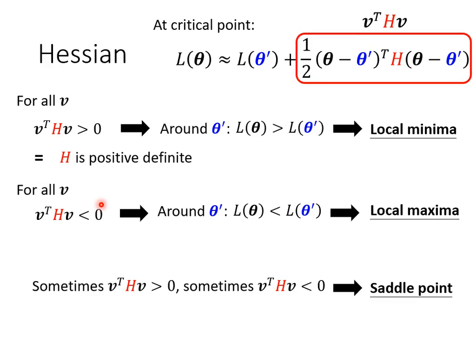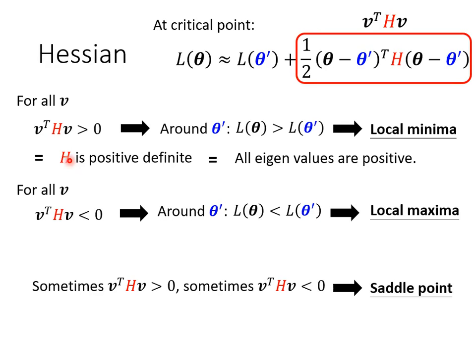It has been taught in linear algebra. If for all possible V, the results of V transpose multiplied by H and V are all greater than 0, then this kind of matrix is called positive definite. What are the properties of a positive definite matrix? All its eigenvalues are positive.